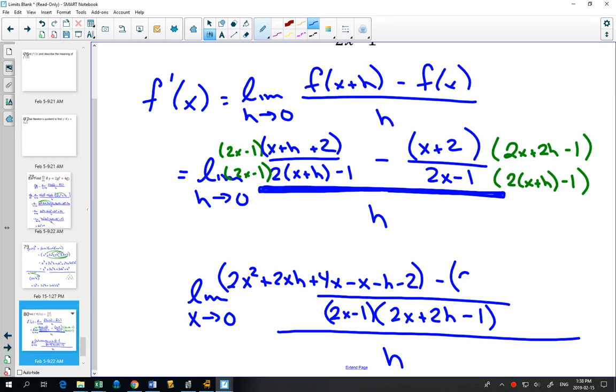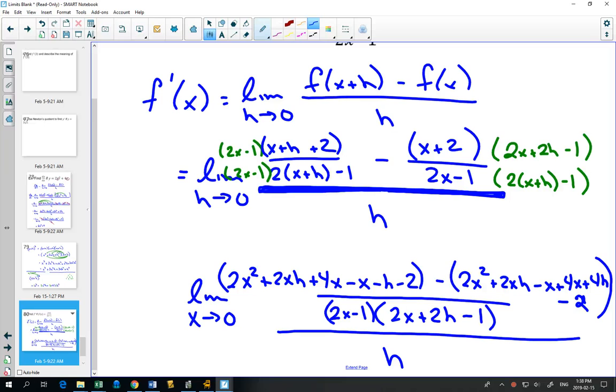If I multiply this out, 2x squared plus 2xh minus x plus 4x plus 4h minus 2. Whew. Initially, this feels like maybe we're going down the wrong track because it seems like I'm writing a lot of stuff.